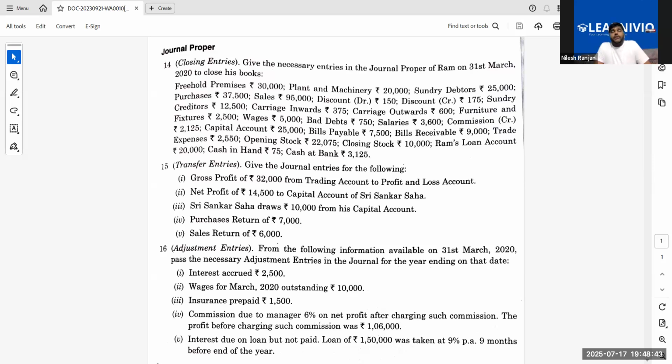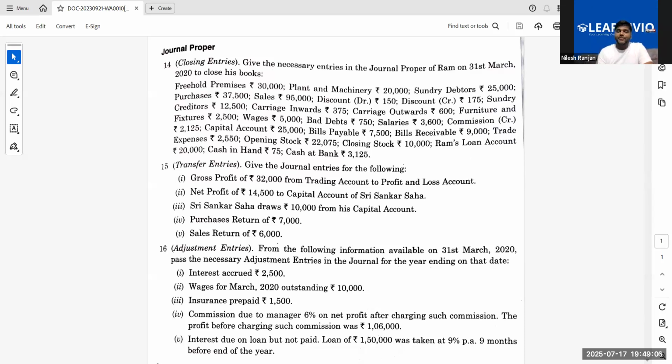Now, there are four types of error that I told you about. Do you remember? No. Okay, you need to revise the concept. You forget everything after some time.